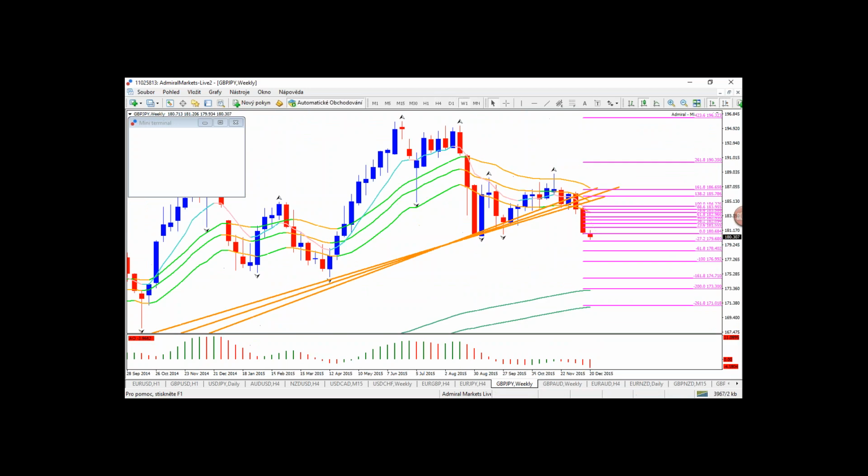Something like this, for instance. Fall to target, then bounce, and then either here at the previous support, for instance, or even at one of these old fibs, turn back down to that long-term moving average.